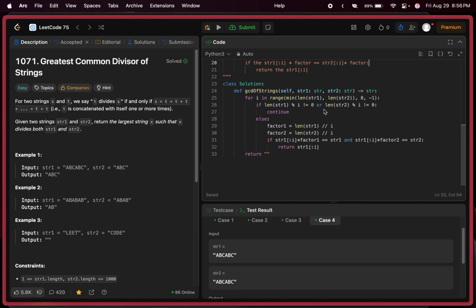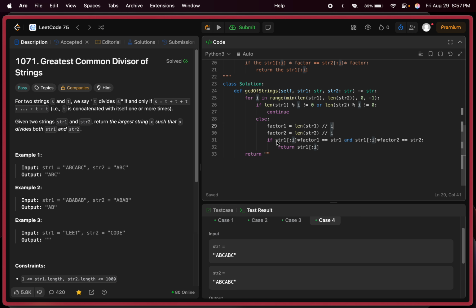For i in the range of the minimum length of string 1 and string 2, we finish at 0, decrementing by 1. If the length of string 1 mod i is not equal to 0, or the length of string 2 mod i is not equal to 0, then there are no factors, so we continue. Otherwise, if it is 0 in both cases, we find the factors by dividing each length by i. Once we have factor 1 and factor 2 for string 1 and string 2 respectively, we multiply the substring by them.